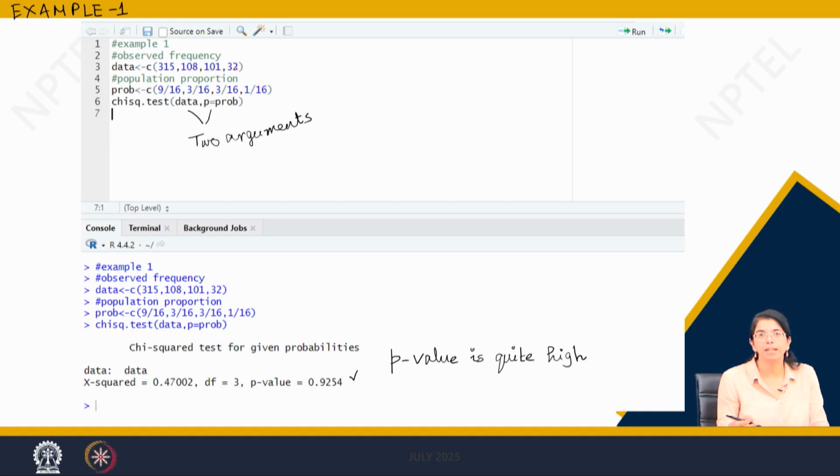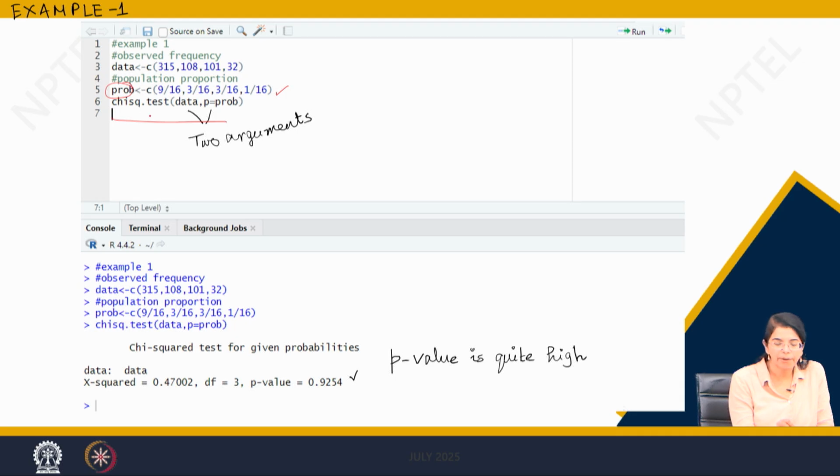That means the example of that botanical experiment. And the population proportion, let me call it prob, is 9 by 16, 3 by 16, 3 by 16, 1 by 16. The only thing which you need to remember is the syntax.